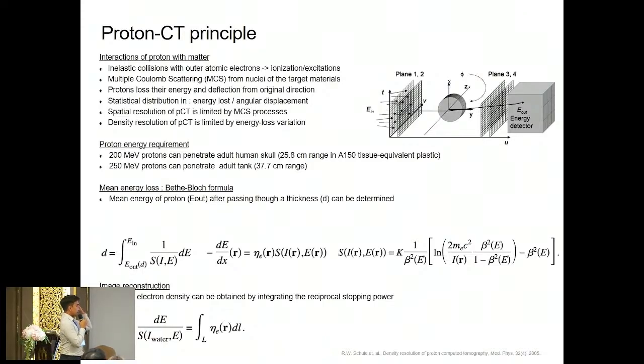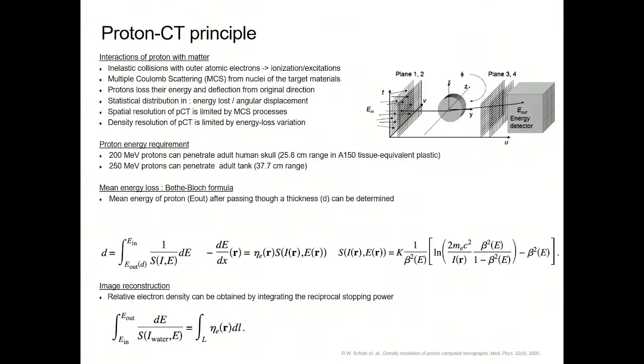Well, let's go to the principle of the PCT. How can we get an image from this? First, if a proton comes into matter, you have inelastic scattering and multiple Coulomb scattering from the nuclei.